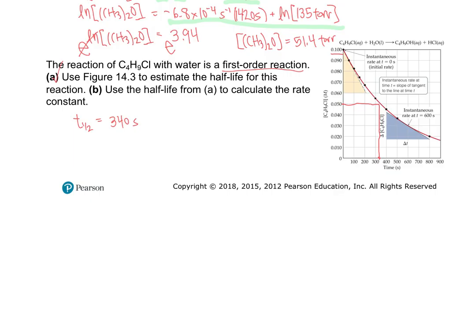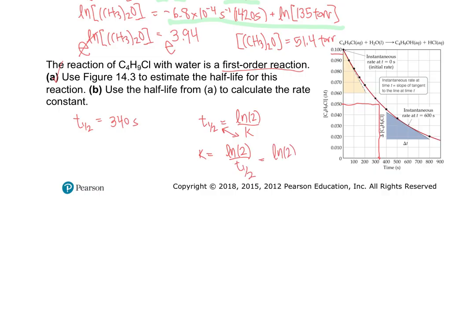For B, we're going to use the half-life equation to find k. So we know that the half-life equals natural log of 2 over k. And so we're going to cross-multiply to get the k on top and the half-life on bottom. So we get k equals natural log of 2 over the half-life.